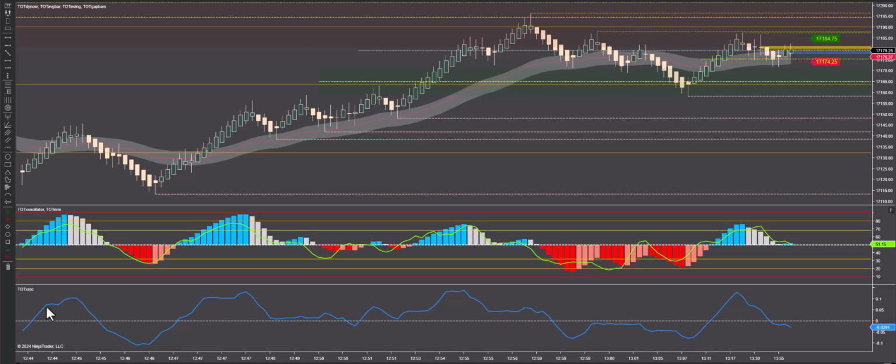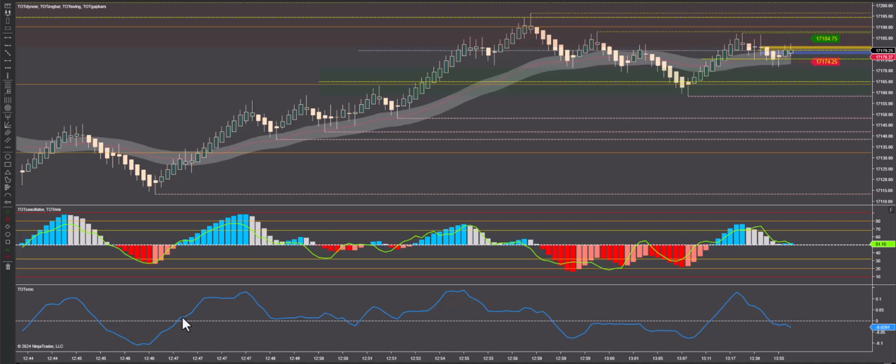When it accelerates, you'll see that it expands up, and when it decelerates, it'll go flat and so forth. So again, with this Xroc, when the blue line is below the 0 line and we're below the highway, these are sell opportunities.